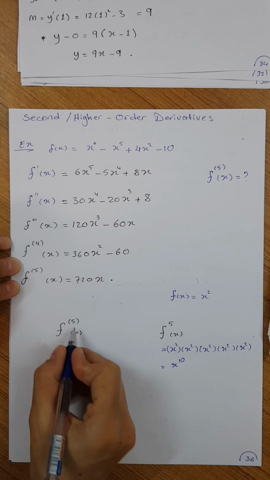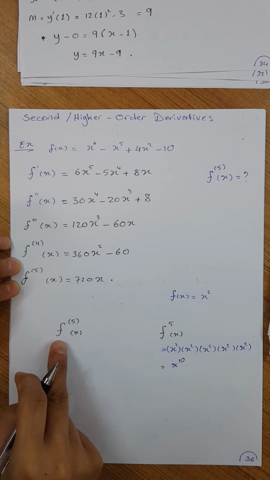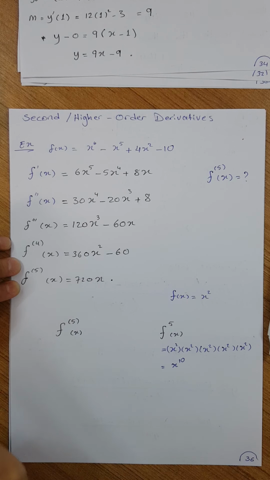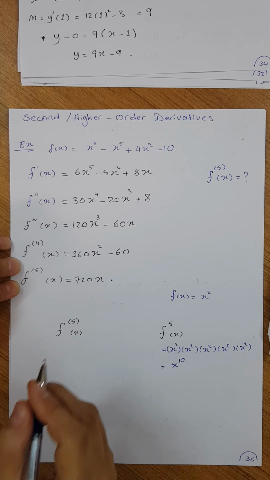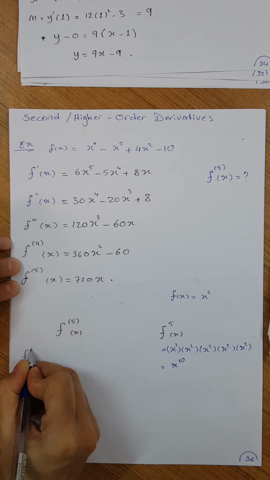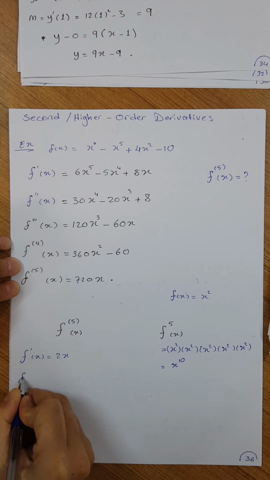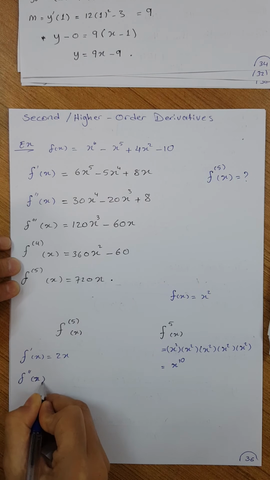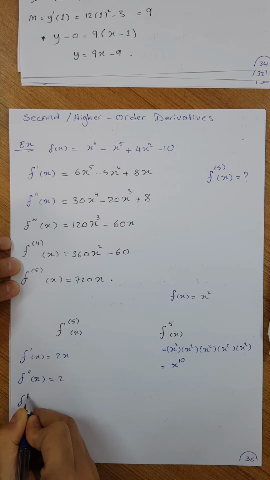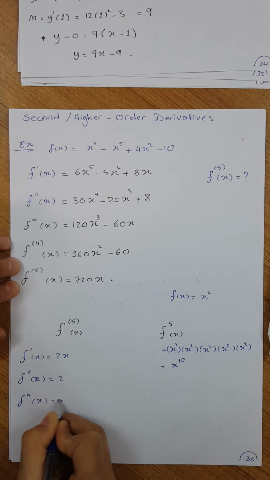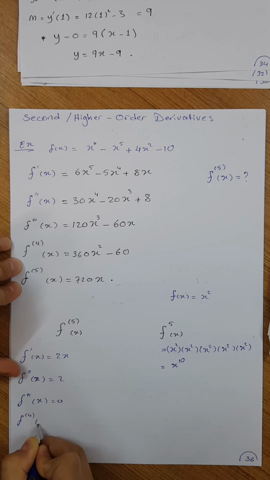But if you are required to find f with the 5 in parentheses, that means you are finding the fifth derivative of that function. So the first derivative of the function is equal to 2x, the second derivative is equal to 2, the third one is equal to 0, the fourth one is equal to 0, and the fifth one is equal to 0.